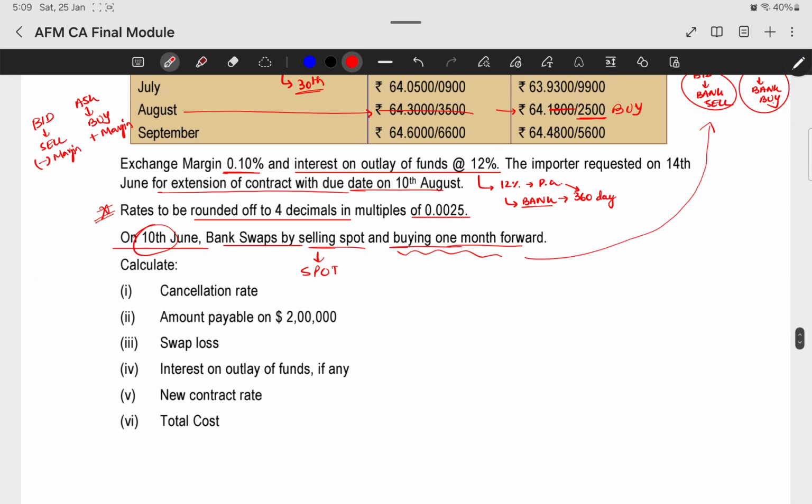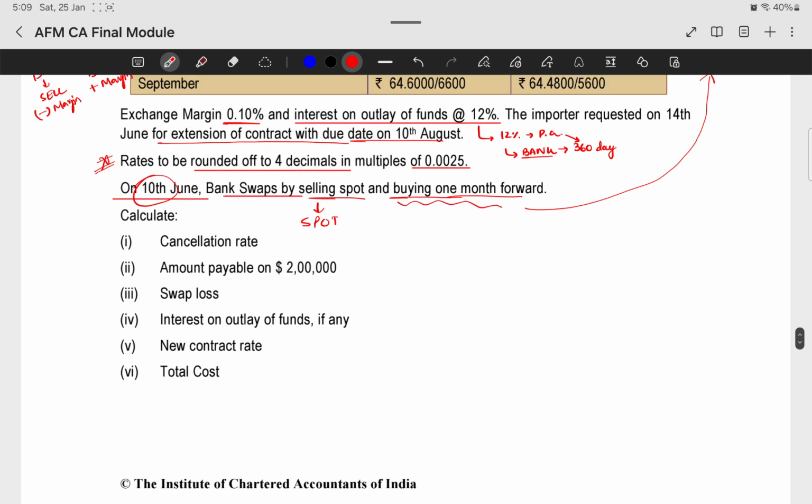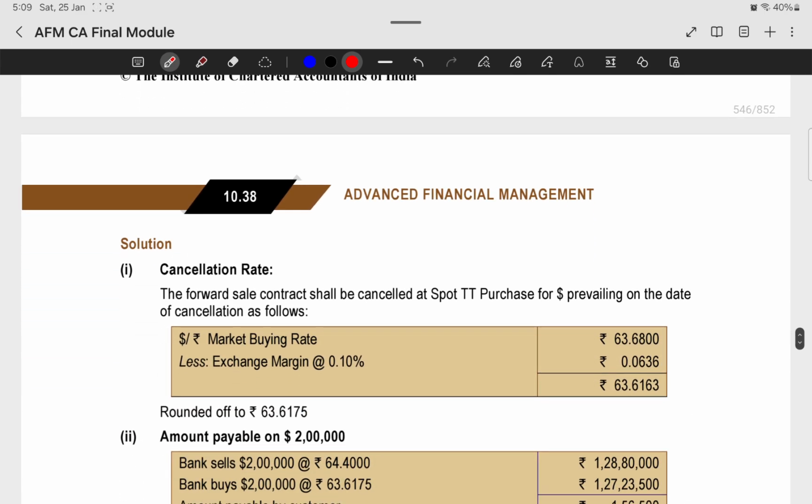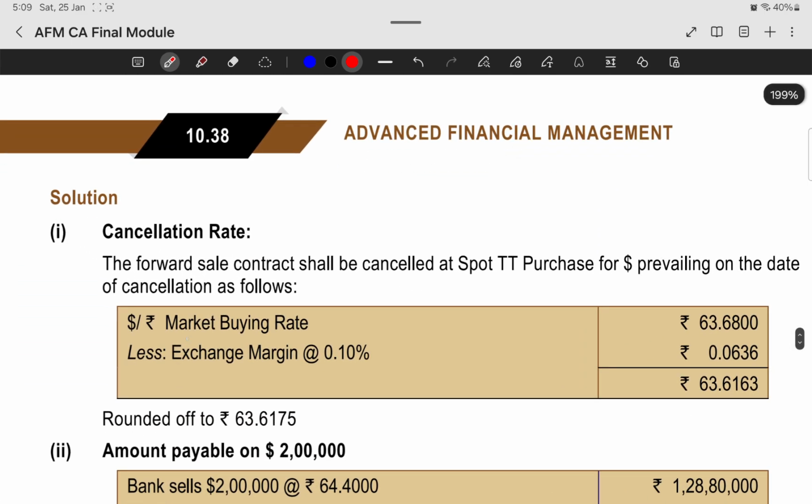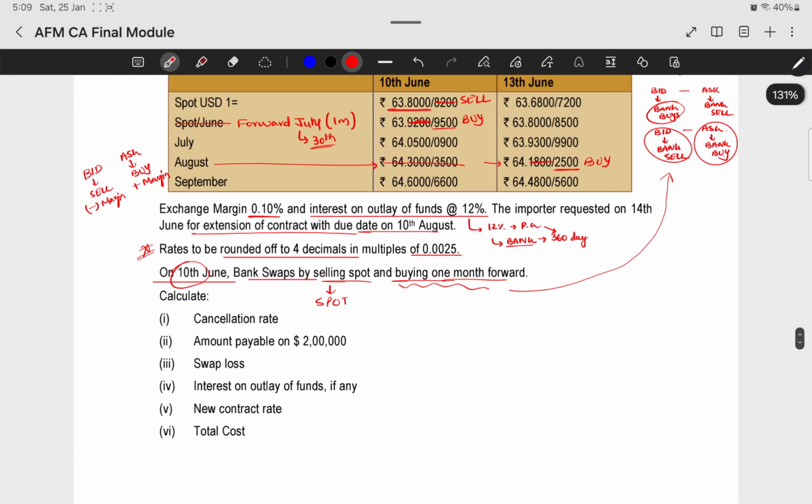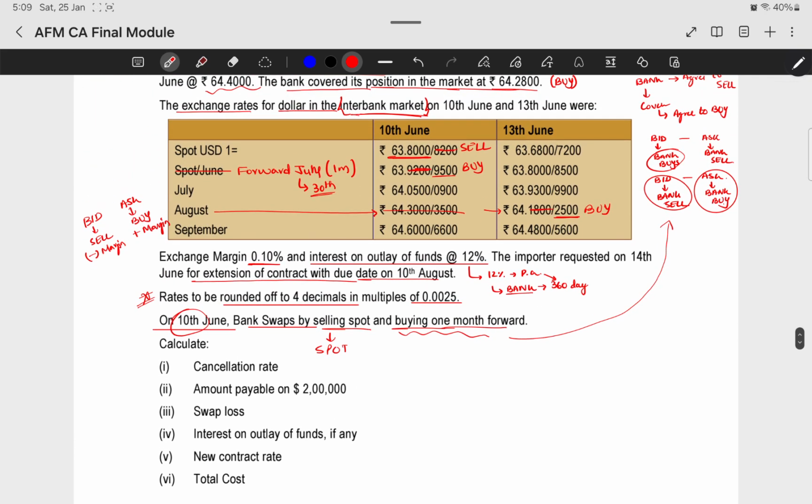Okay, so question 1 is the cancellation rate needs to be calculated. How do you calculate the cancellation rate? Let's move forward. Very simple. The dollar market buying rate, first of all, is given here. How is this done? The bank would need to cancel its open position, and therefore would need to buy on spot this date, 63.68.